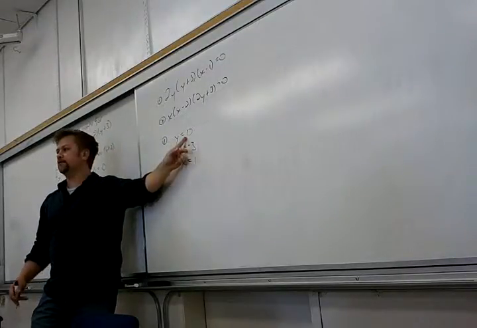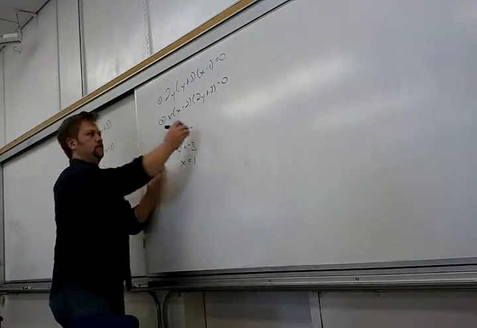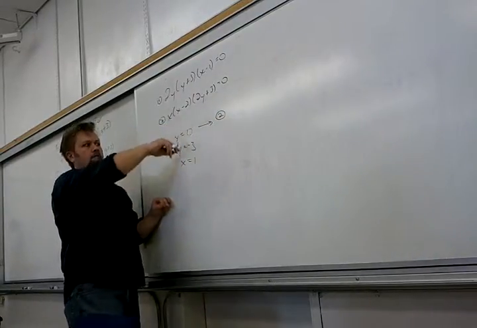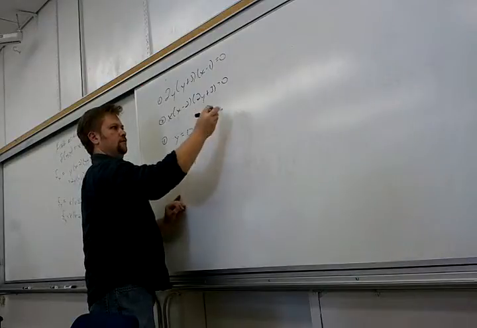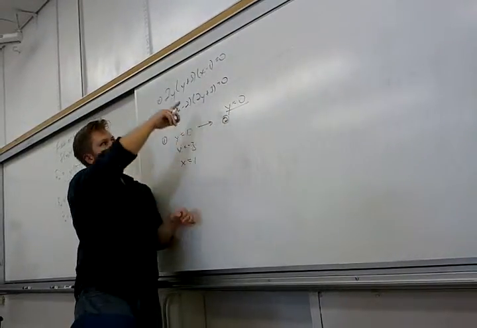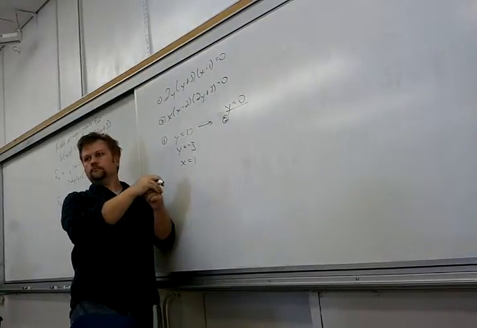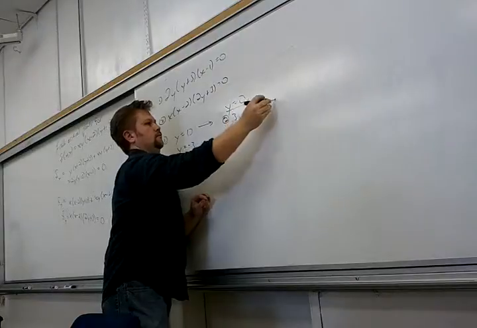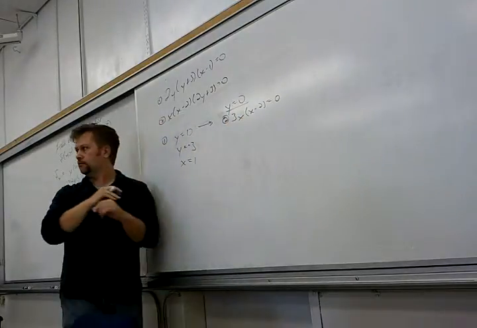So for the case y equals 0, when you plug that into the second one, what do you get? If y is 0, you get 3x times x minus 2, right?